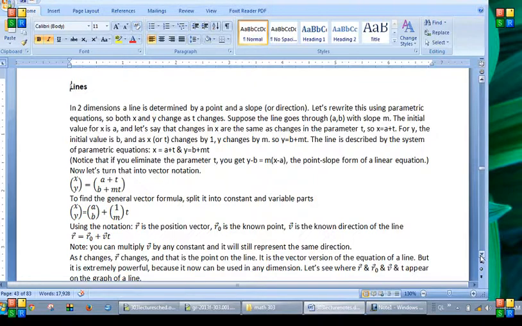And notice that this formula, the way it's written in vector notation, doesn't say anything about 2 dimensions or 3 dimensions or how many variables you have. Or excuse me, I should say how many components you have. This could have x and y components. Your vectors could have x, y, z components. They could have x, y, z, w. You could have as many components as you like.